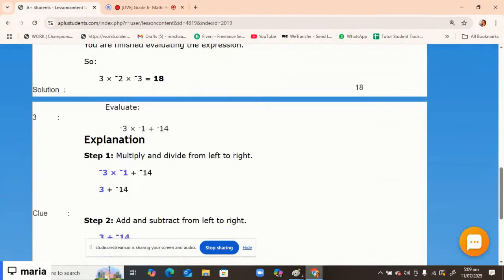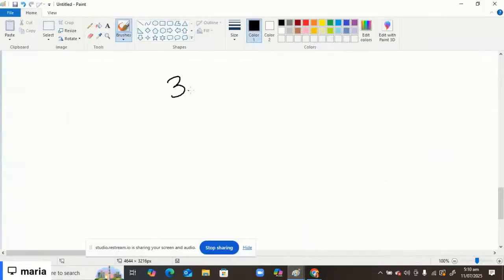Okay, if two operations are on the same term, like this one, 3 times 5 is 15, and here we put the negative sign, then plus minus minus 10.